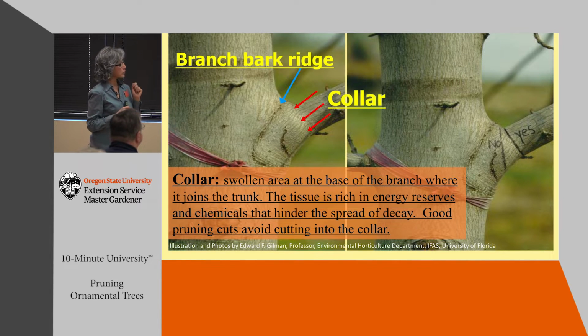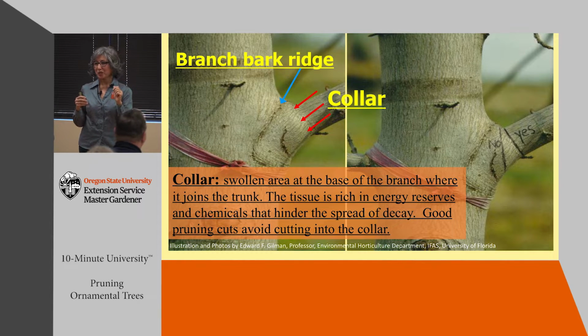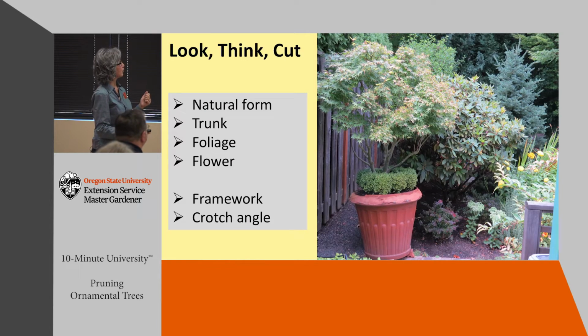At any rate, the collar is important because that is where substances that prevent rotting and help the tree seal the wound are stored. If we keep the collar, we make a good cut, as is shown in the right half of the picture, see the line that says yes? Could not make it clearer, huh? So don't cut into the collar. Instead, preserve the entire collar to make the cut.